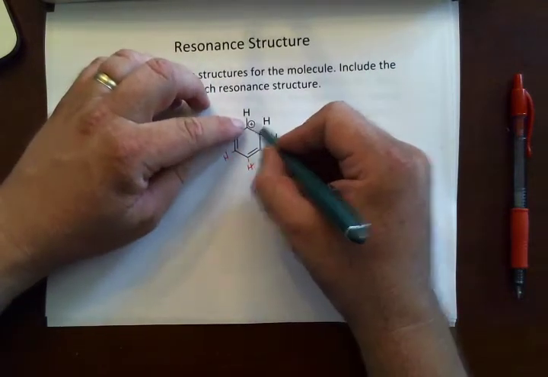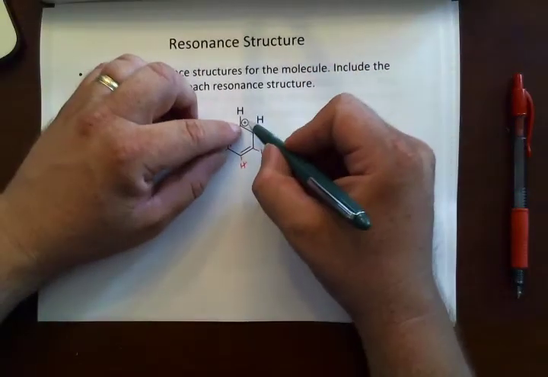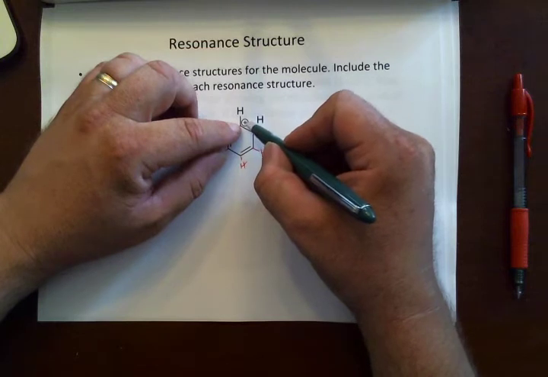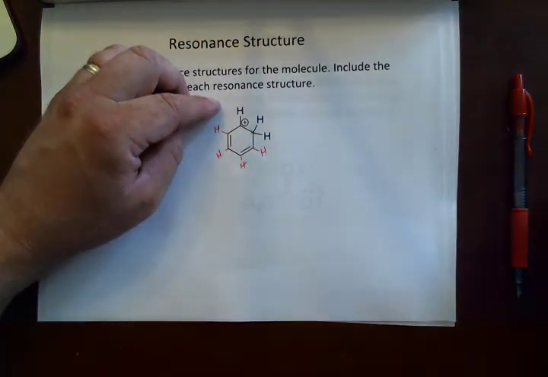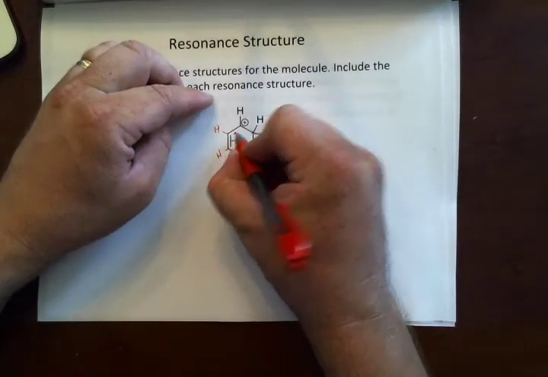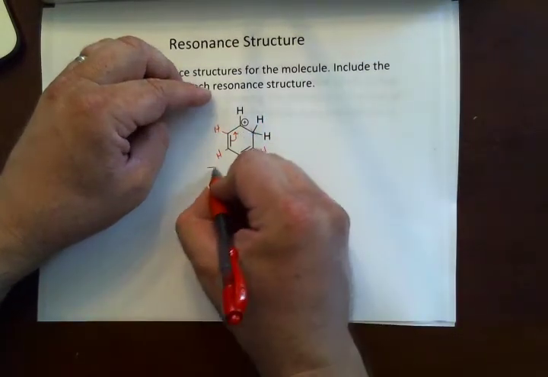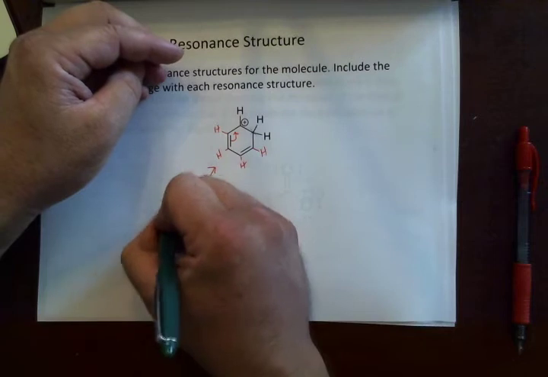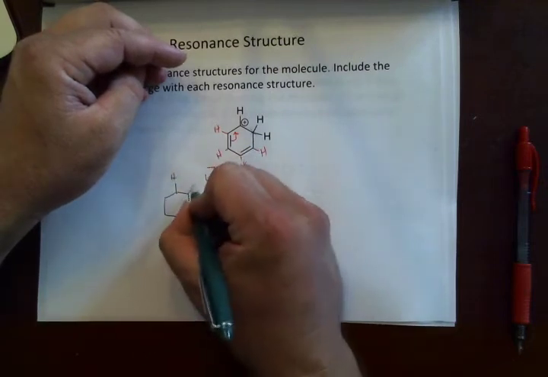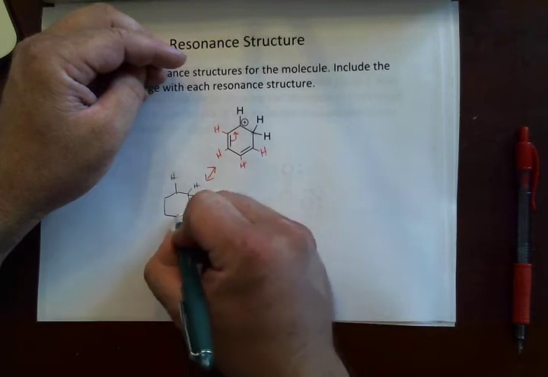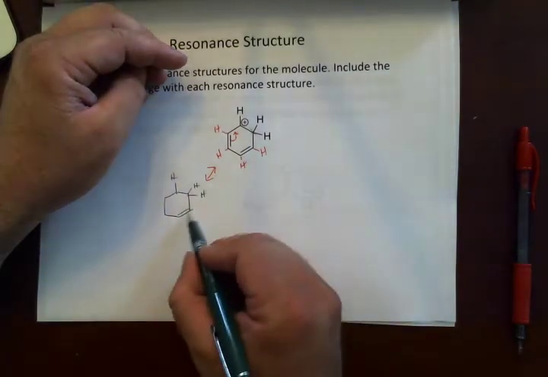Okay, and so the general rule of thumb for resonance structures is to take a look at the charge and figure out what's going on. This carbon only has three bonds, it wants a fourth one. So what we can do is move this double bond up there to make this resonance structure. Now we haven't done anything with this double bond, so it just stays there.